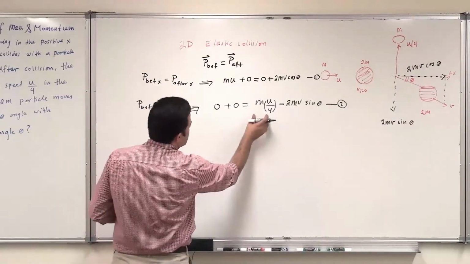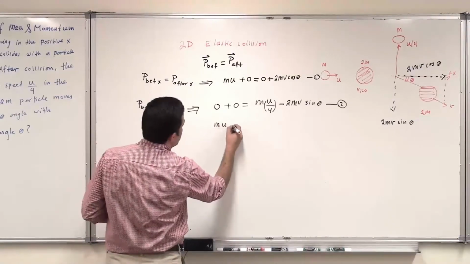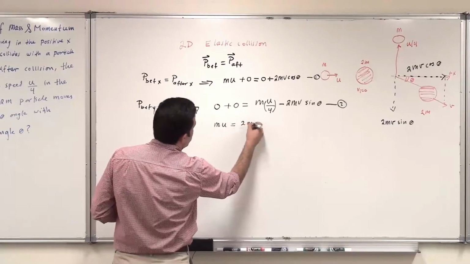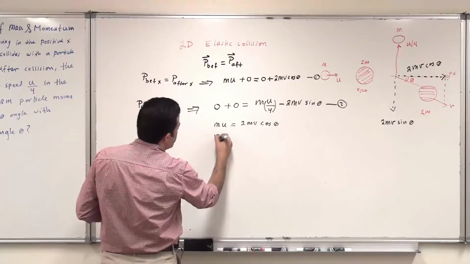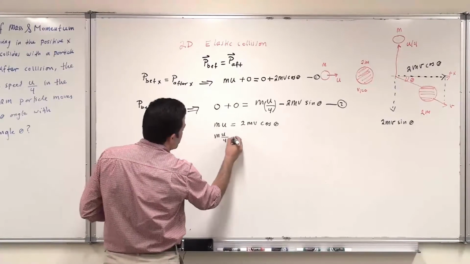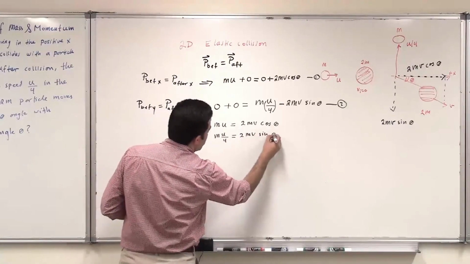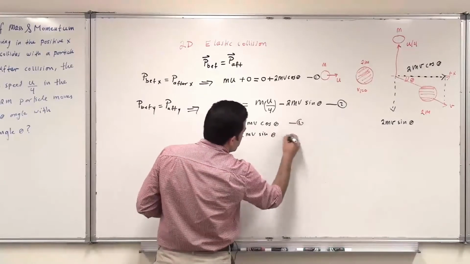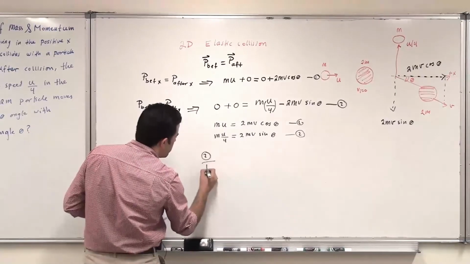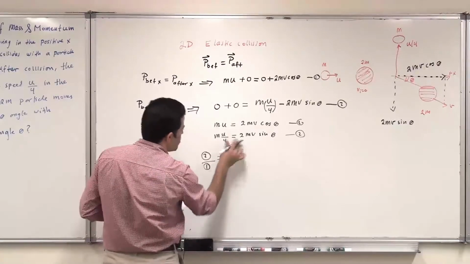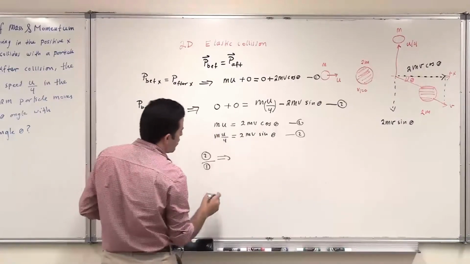So we can take this, for example, to this side, so mu will equal 2mv cosine theta, and mu over 4 will equal 2mv sine theta. So this is 1, this is 2. Now if we divide 2 by 1, we can get rid of all these common factors.